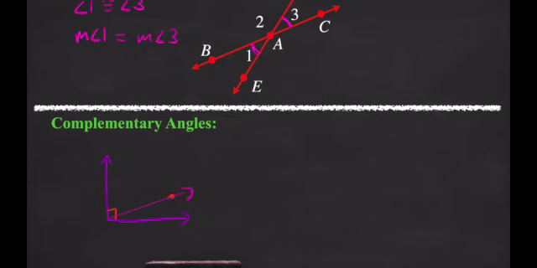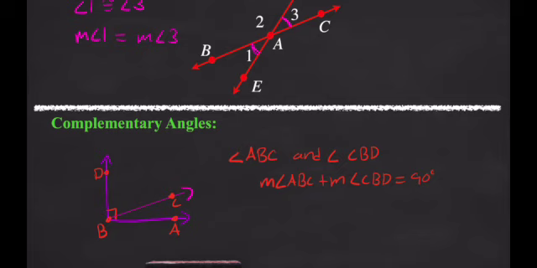Let's put some points on here: A, B, and C. And let's put this as point D. We can say that angle ABC and angle CBD are complementary. This is because the measure of angle ABC plus the measure of angle CBD equals 90 degrees. The sum of them adds up to 90 degrees. That's whenever you know it's complementary.